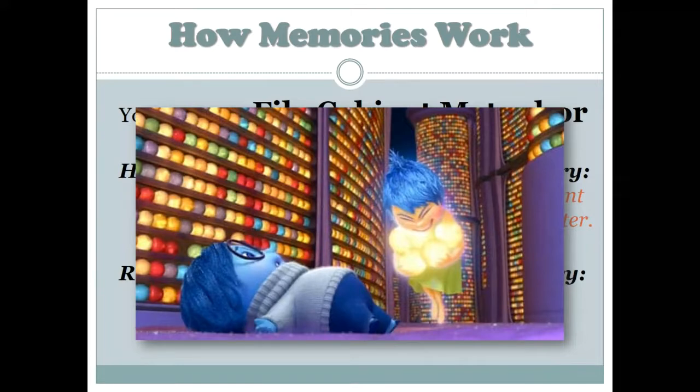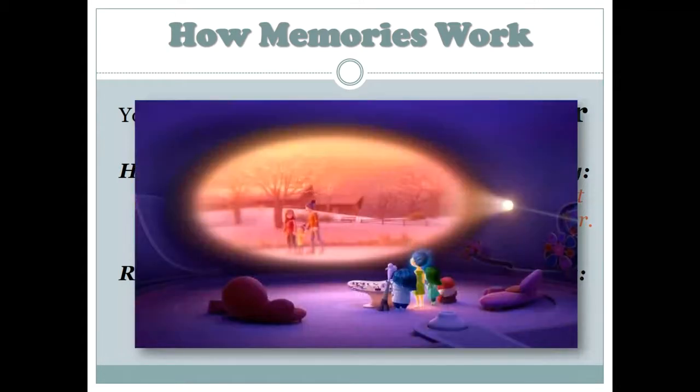But all those shining balls that are on all of those different shelves behind those two characters are memories in the back of our main character's mind, our 10-year-old girl's mind. All of those are memories. And then you can take a memory if you want to actually remember the event, and you can replay it.